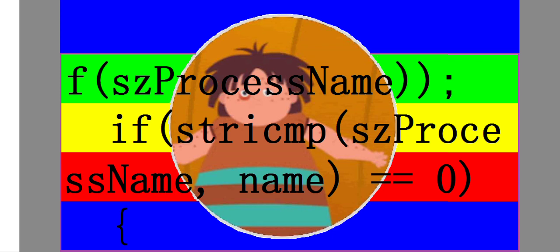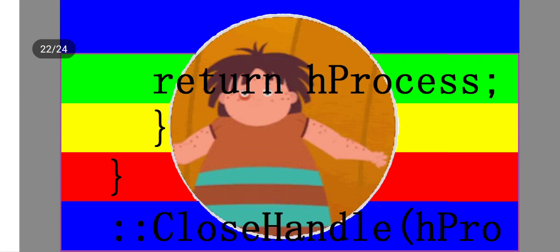If strcmp szProcessName, comma, name equal 0, curly bracket, return hEachProcess, semicolon, curly bracket.